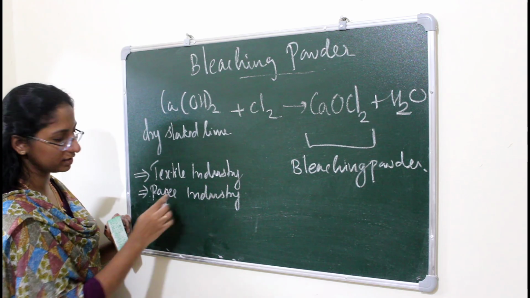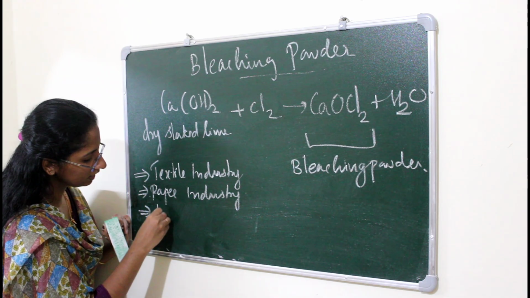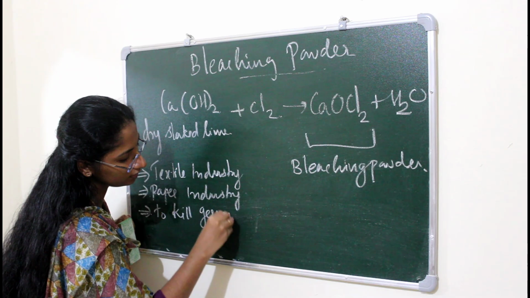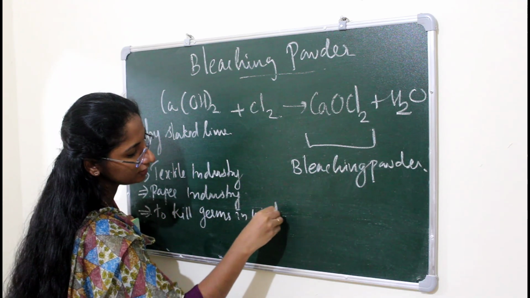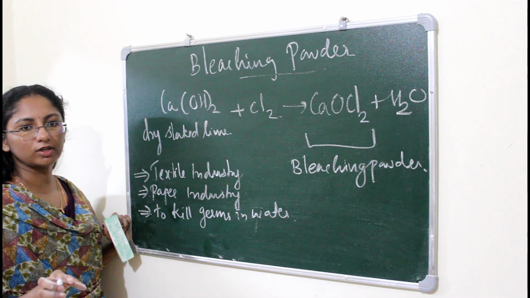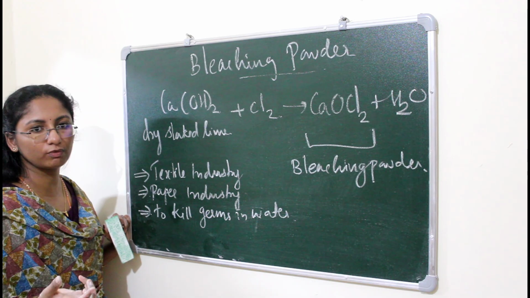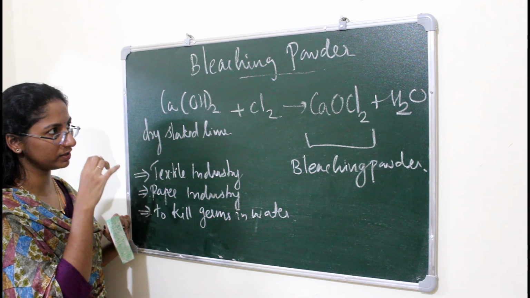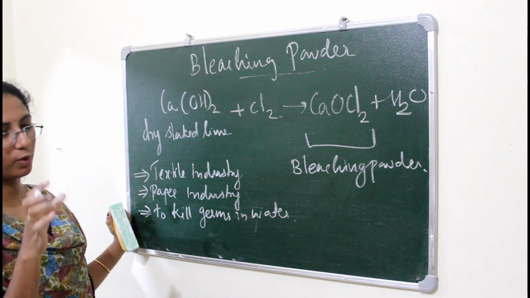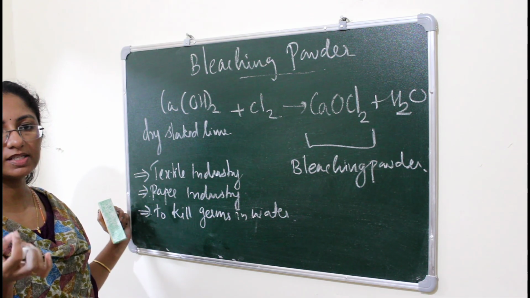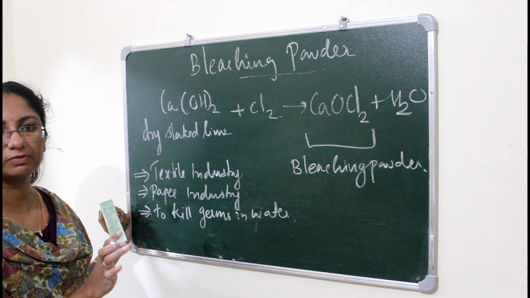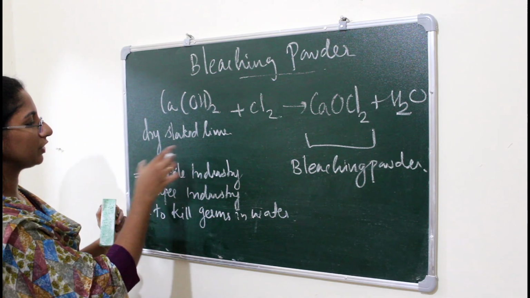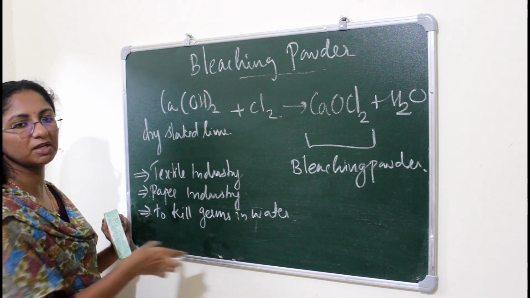Along with the textile industry, we can use it to kill germs in water, that is for bleaching of water. In one step of the purification of water, we use this bleaching powder to kill the germs within that water. So we use this bleaching powder for these many purposes.